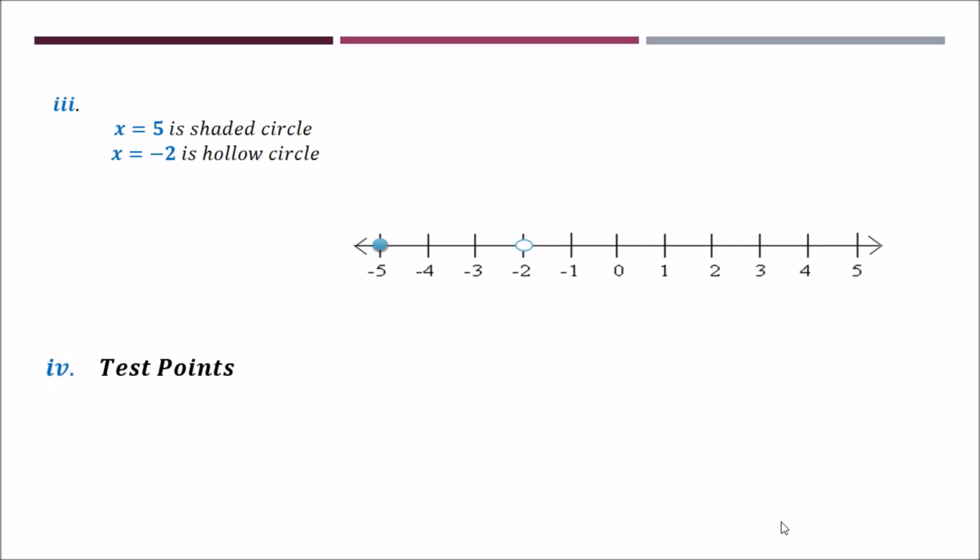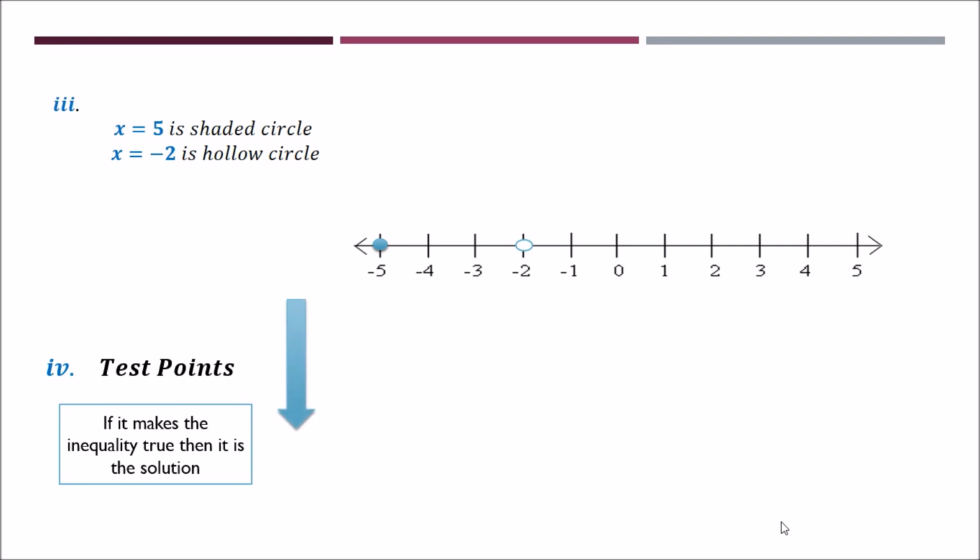Then in step 4, we need to find test points. If it makes the inequality true, then it is the solution. So we'll find numbers lesser than -5 and I'll choose -6.